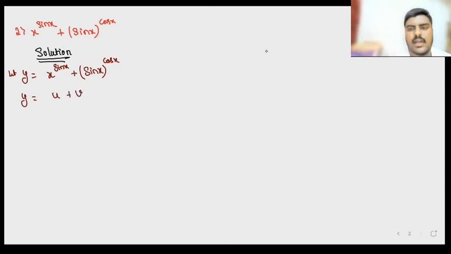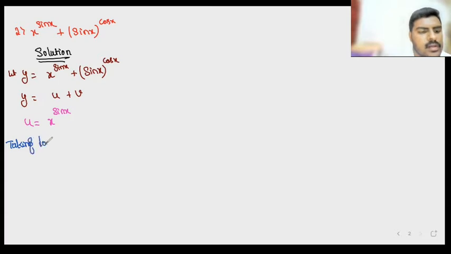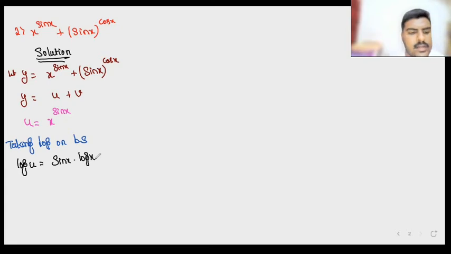Got it now? So now u equals x power sine x. When we take log on both sides, this will come to log u equals sine x into log x, according to the formula log x power n equals n into log x.